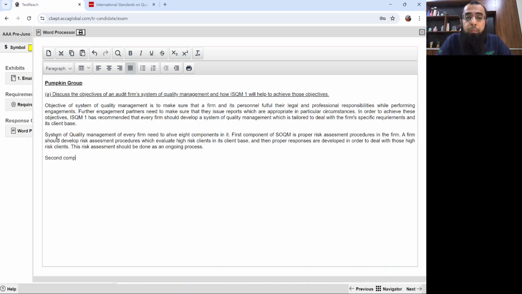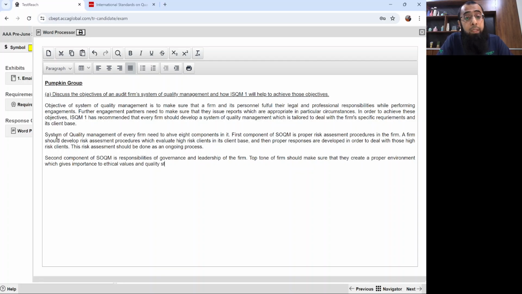The second component of SOQM is the responsibilities of governance and leadership of the firm. The top tone of the firm, the top leadership of the firm, should make sure that they create a proper environment which gives importance to ethical values and quality standards.